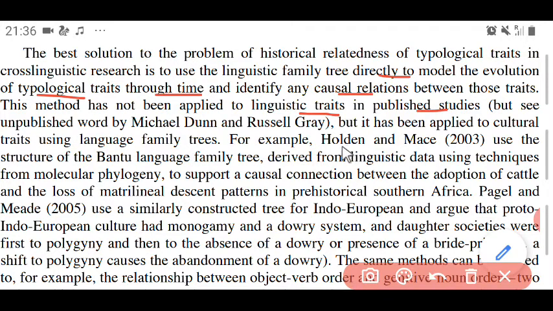For example, Holden and Mace in 2003 use the structure of the Bantu language family tree derived from linguistic data, using techniques from molecular phylogeny, to support a causal connection between the adoption of cattle and the loss of matrilineal descent patterns in prehistorical southern Africa.